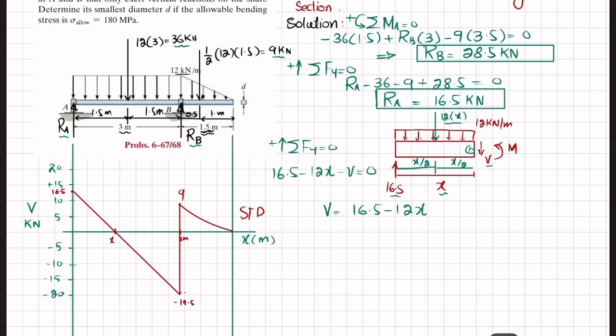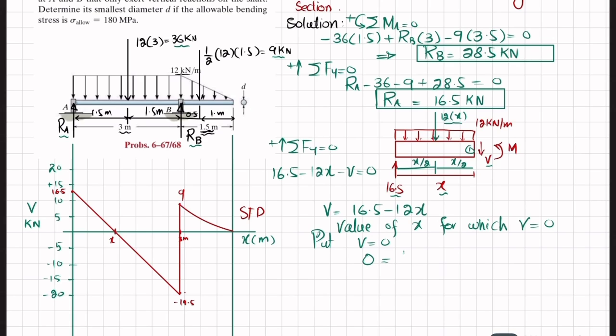If you put x equal to 0, you can see that the shear force will be equal to only 16.5. Okay, now we are going to find the value of x for which shear force is equal to 0. So put V equal to 0.